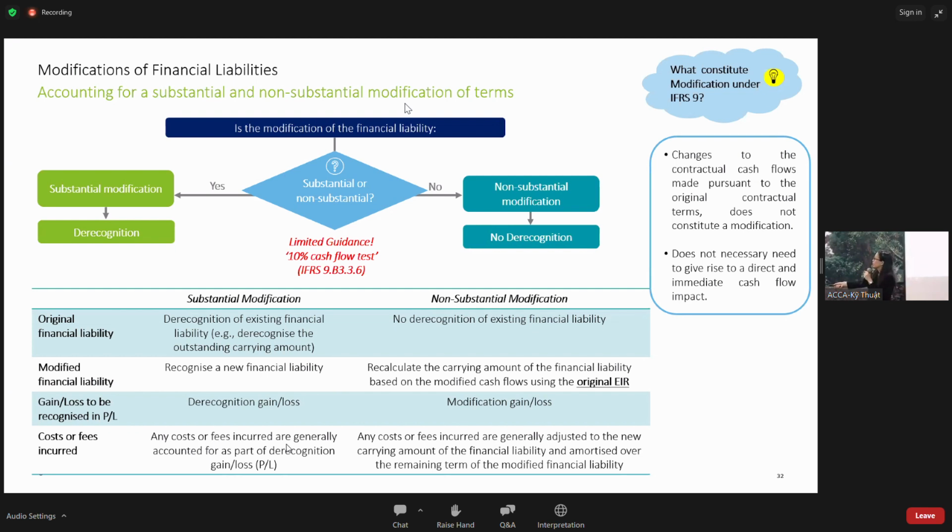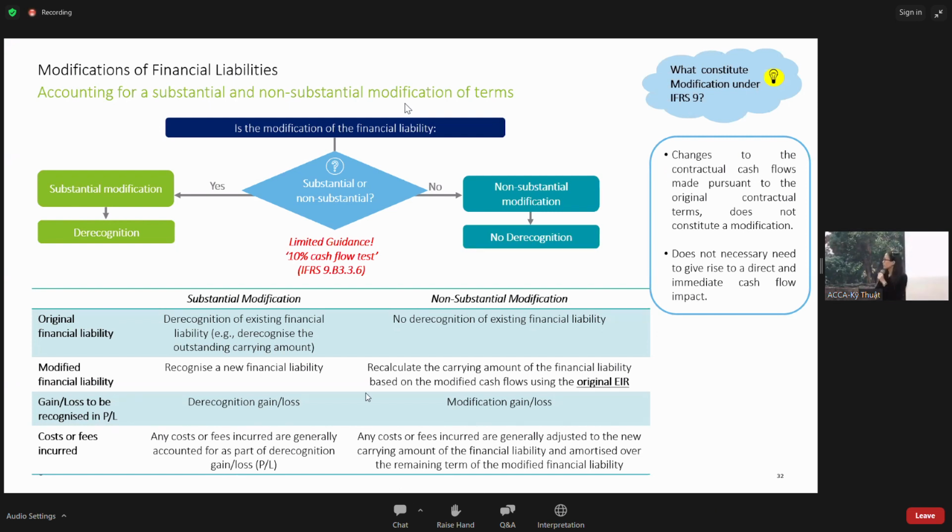Then for non-substantial, I will need to remeasure. So I recalculate the carrying amount based on the modified cash flow using the original EIR. This would have been the EIR that you determined earlier on your initial amount.